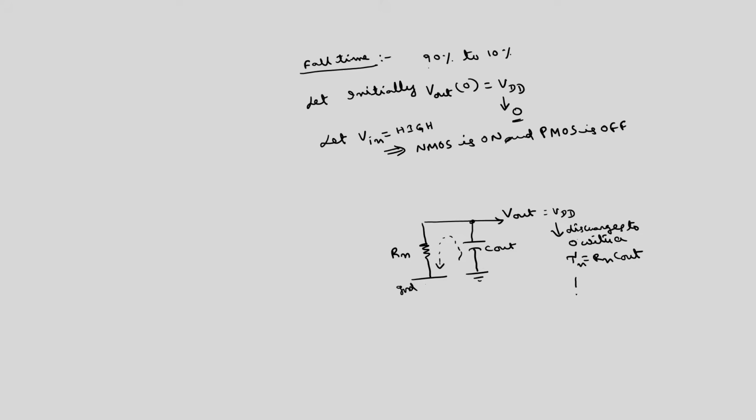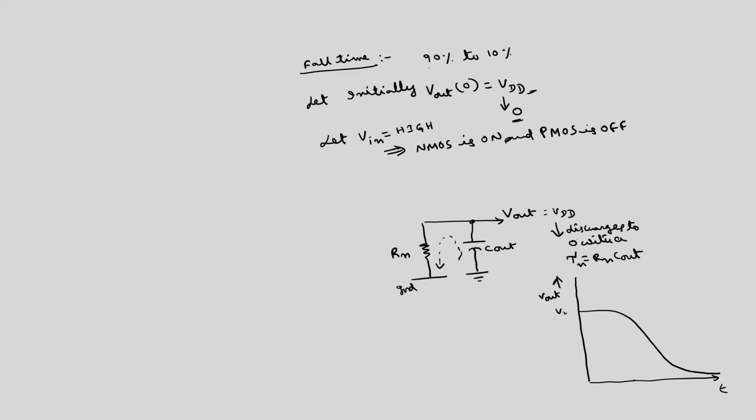If you draw the output characteristics versus time, initially the output was at VDD, and then it changes.